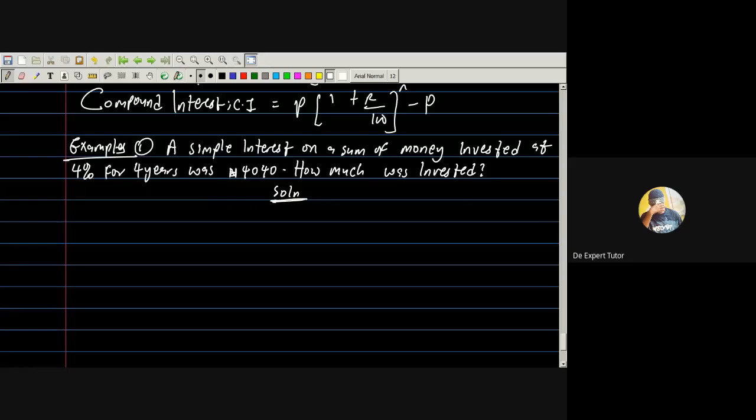Now, they said a simple interest on this sum of money invested at 4%. This 4% is the rate. This is our time.